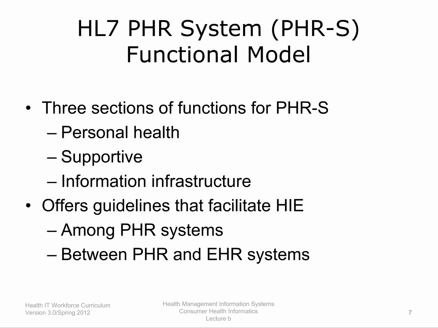The HL7 PHR system functional model contains 3 sections: the personal health functions, supportive functions, and information infrastructure functions. The National Alliance for Health Information Technologies report defines health information exchange as, quote, the electronic movement of health-related information among organizations according to nationally recognized standards, end quote, NAHIT, 2008, page 23.